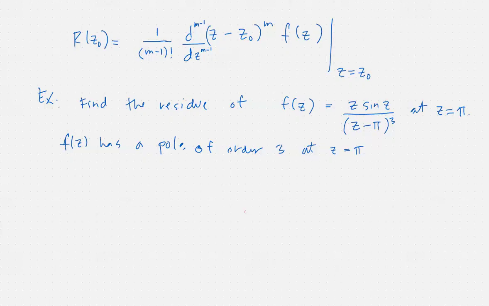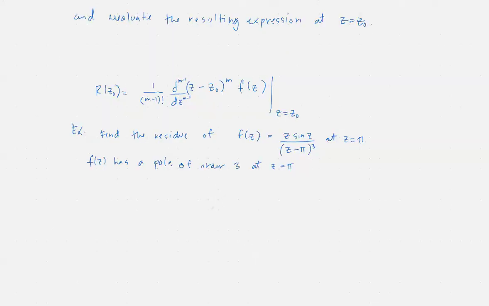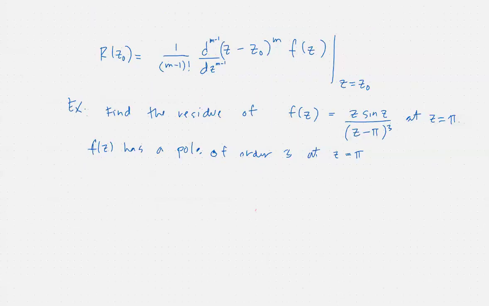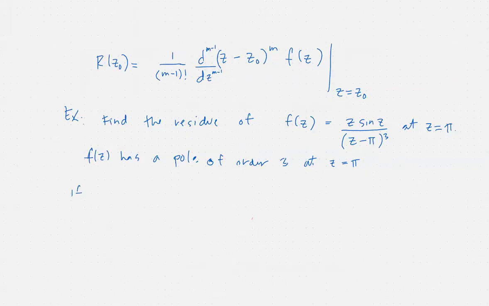The pole order is 3, so it would make sense to use m equal to the order. In that case, m is 3. So if m is equal to 3, we now have r at pi equal to 1 over 3 minus 1 factorial, then the derivative d to the 3 minus 1 over dz to the 3 minus 1, and then we have z minus pi.